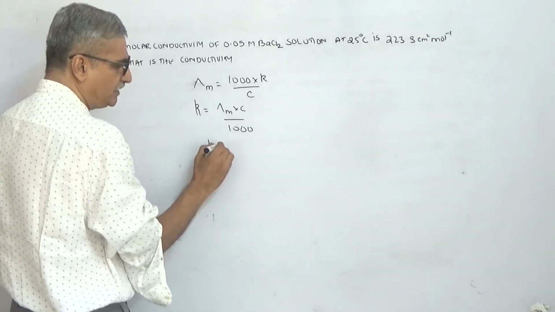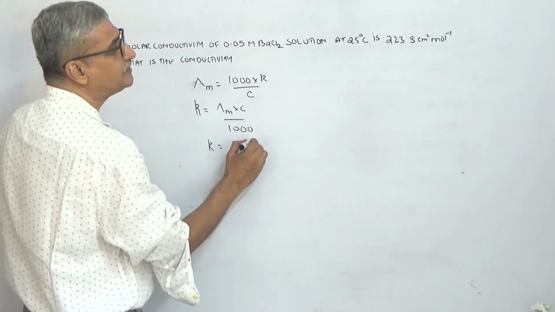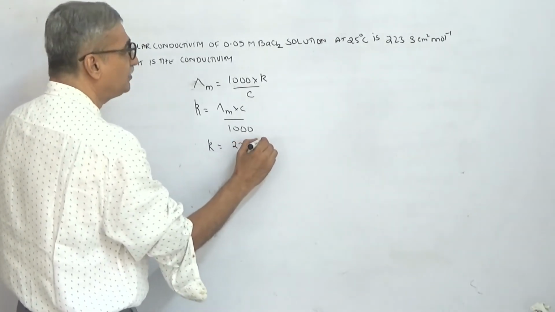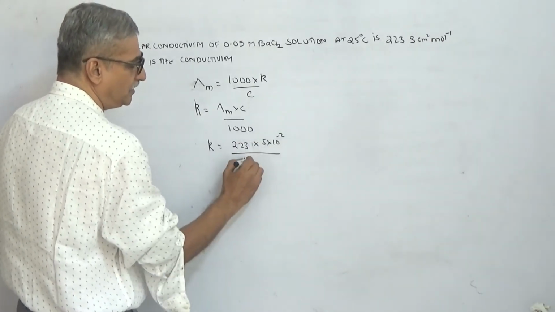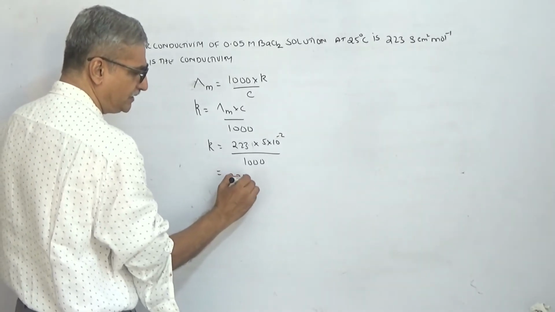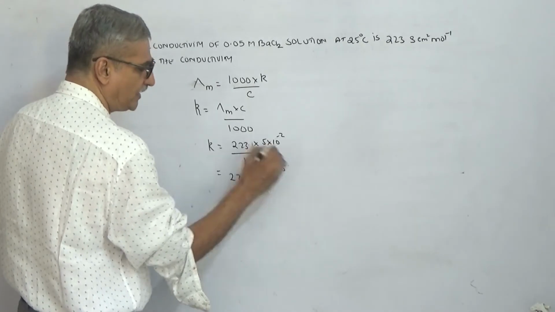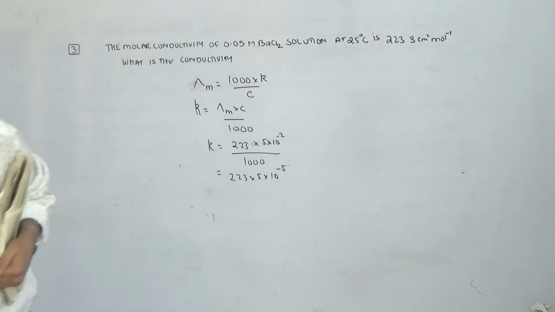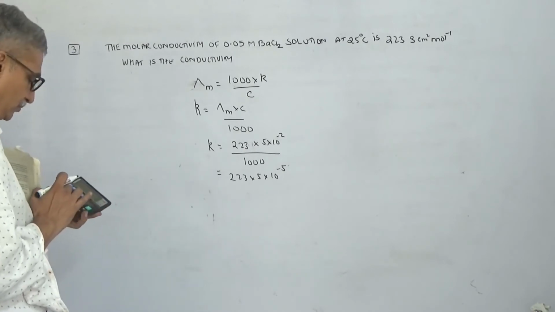So K will be equal to 223 into the concentration, 5 into 10 raised to minus 2, upon 1000. So it's very simple, 223 into 5 into 10 raised to minus 5. We'll calculate now.